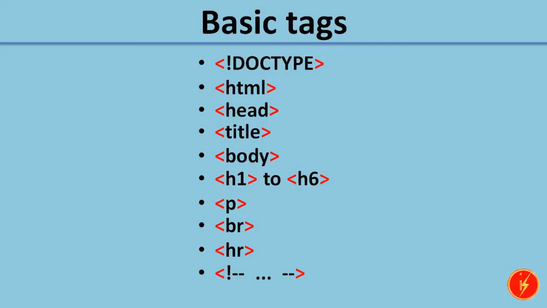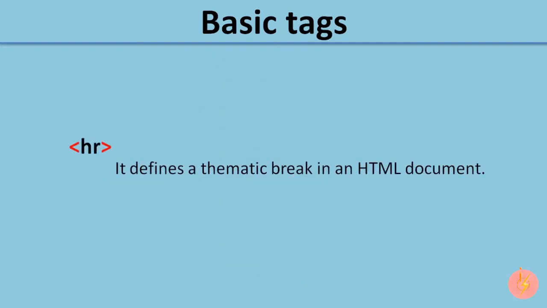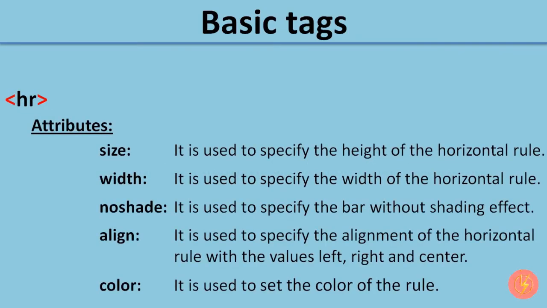Next we are going to discuss the HR tag. HR stands for horizontal rule and it is used for creating a horizontal rule to separate content in an HTML document, and it does not require an end tag. Attributes of the HR tag are here.